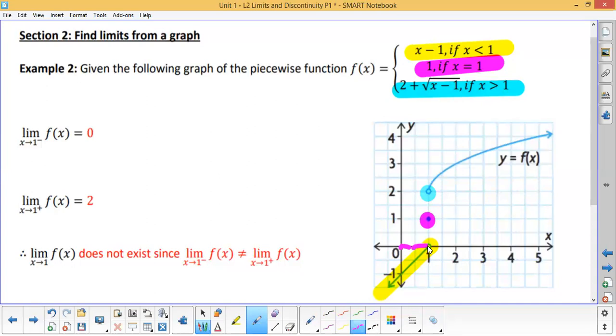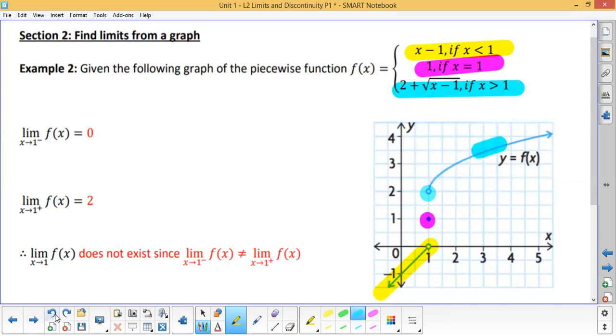So the limit of the function as we approach 1 from the left is equal to 0. Now, as we approach the limit of the function from the right, we would follow this blue line, and we can see that we're approaching the y value of 2.